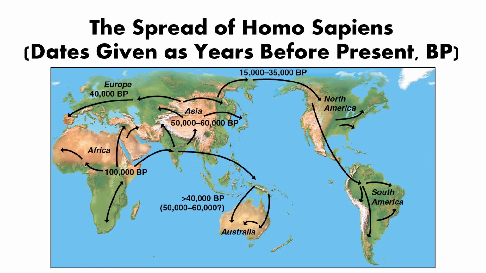And then from there, we have different individuals moving to different parts of Africa, but also then moving into the Middle East, moving over to Asia and to Europe, Australia, and then sometime between 15,000 to 35,000 years ago, went over to North America and South America.